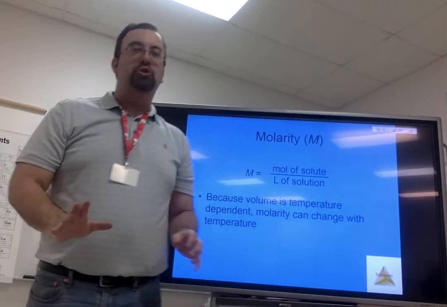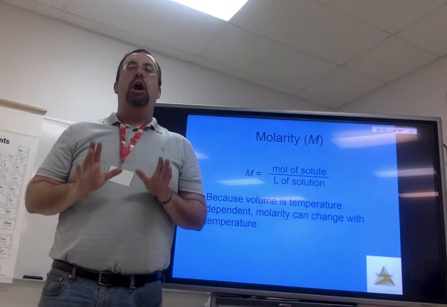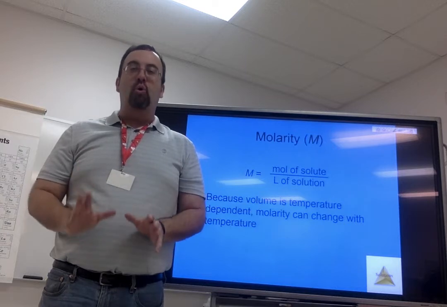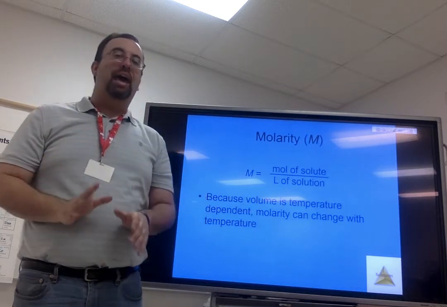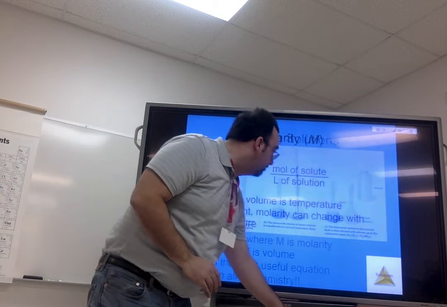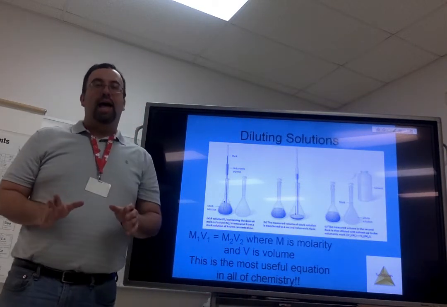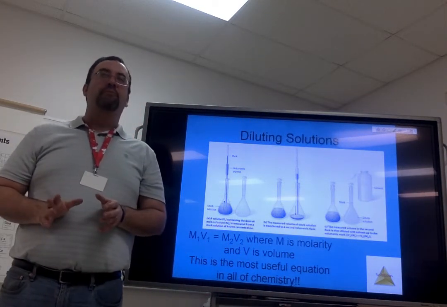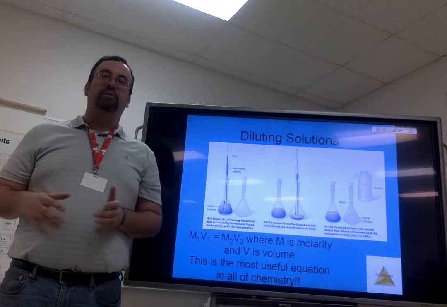But before we do that, I want to talk to you about probably one of the most important equations that any chemist will use. In the lab, we typically don't have millions of bottles of different solutions.